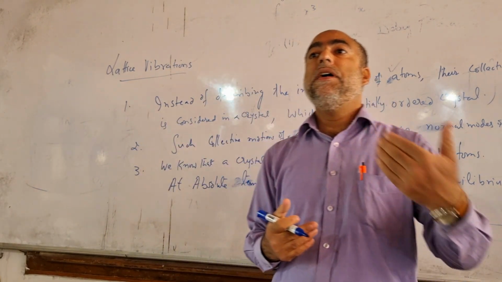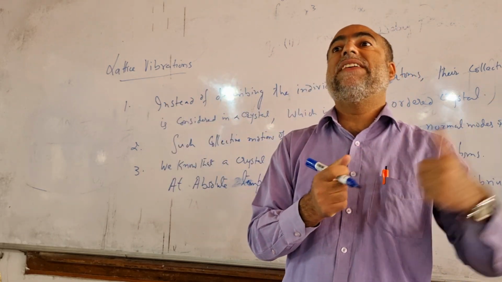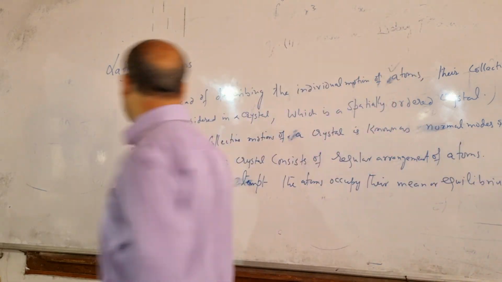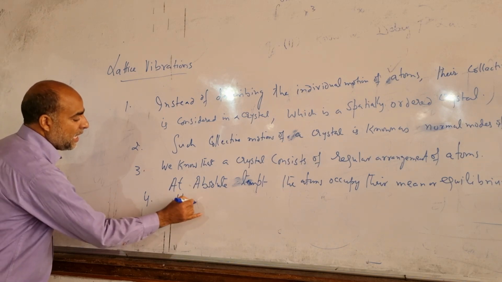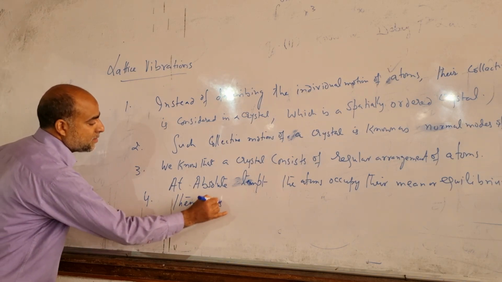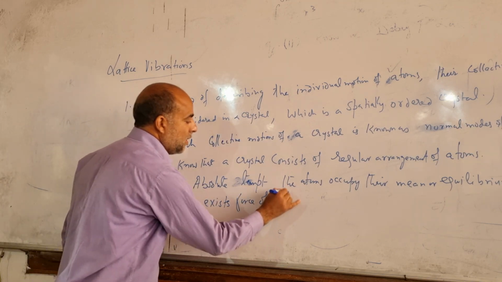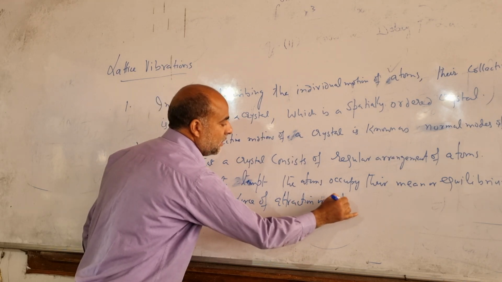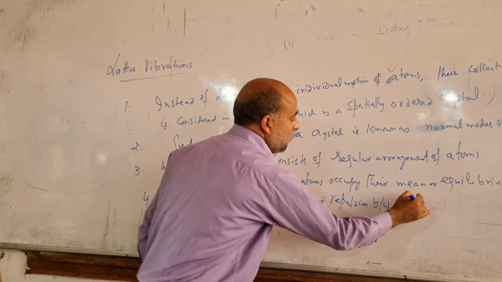They will be having both force of attraction or force of repulsion with their nearest neighbors. So I can write down their existence: force of attraction or repulsion between the nearest neighbors.